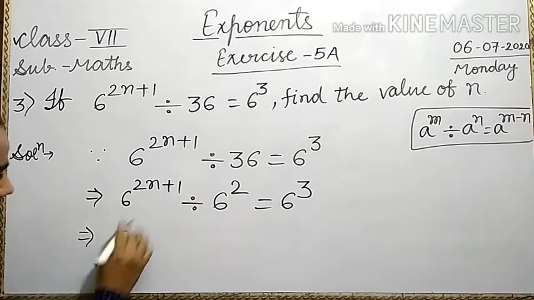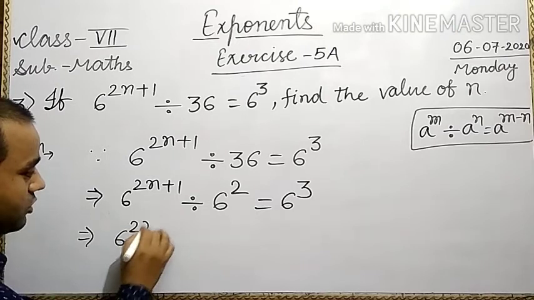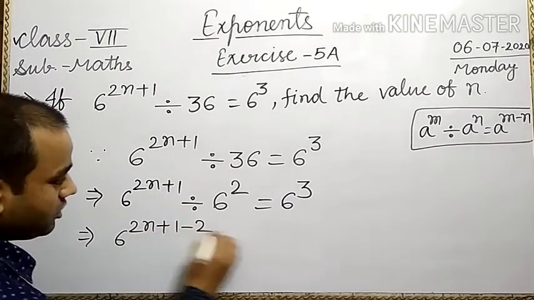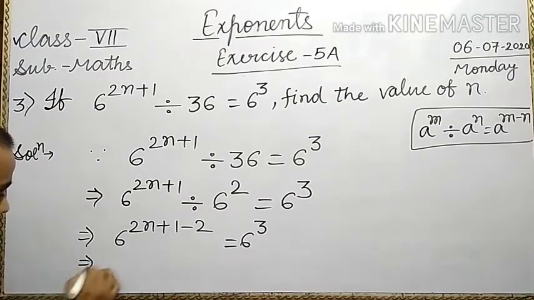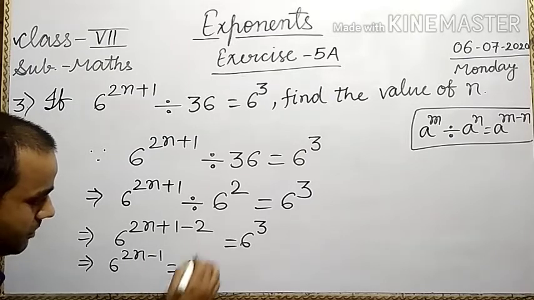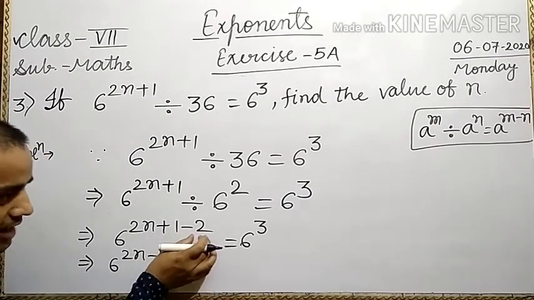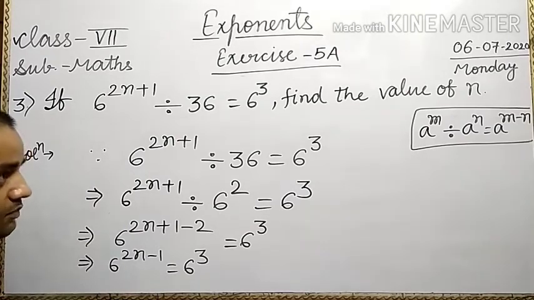Here the base is 6 and 6. Here the power will be subtracted, which means 2n plus 1 minus 2 is equal to 6 power of 3. Next step: 6 power 2n minus 1 is equal to 6 power of 3, since 1 minus 2 we get minus 1. Is it clear?